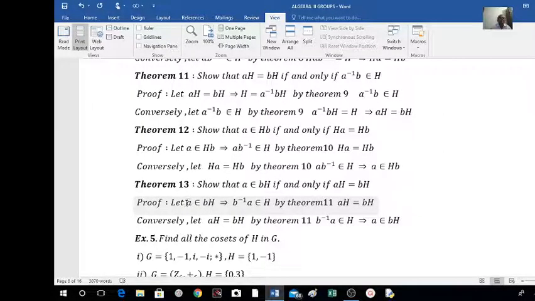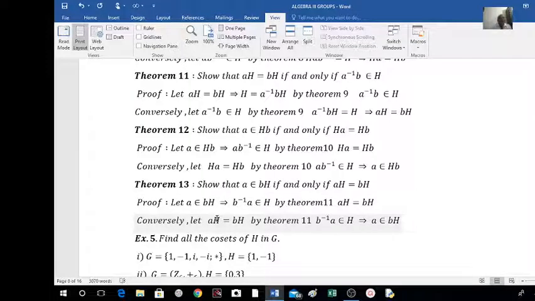Now operating by B inverse on both sides to the left, we write B inverse A belongs to H. B inverse A belongs to H means AH equals BH. By theorem 11, the quotients are equal, that is AH is equal to BH.